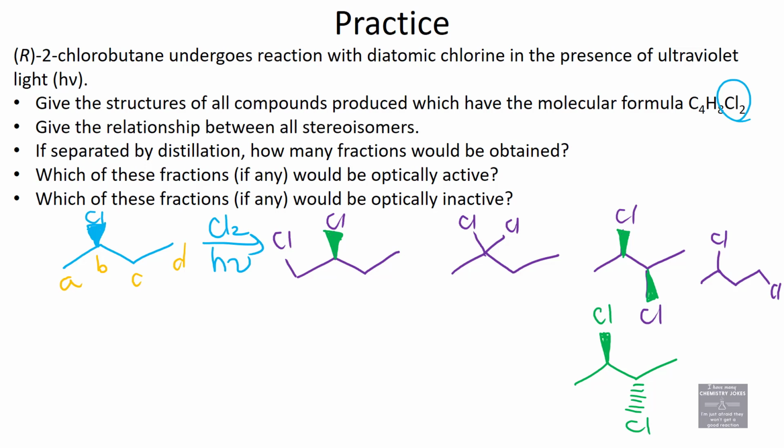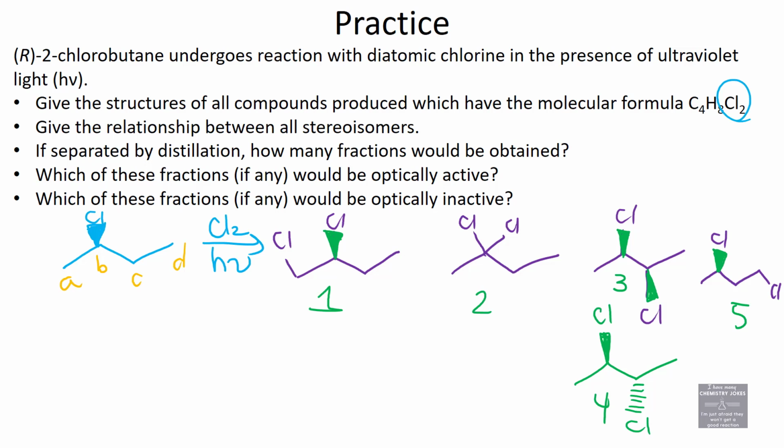My carbon B, though, in this last molecule should stay the same. It should stay wedged. Okay, so the next thing says, give the structure of all compounds which have the molecular formula. It doesn't actually say, but we're going to give these guys numbers: 1, 2, 3, 4, 5, so that we can answer the rest of the questions.